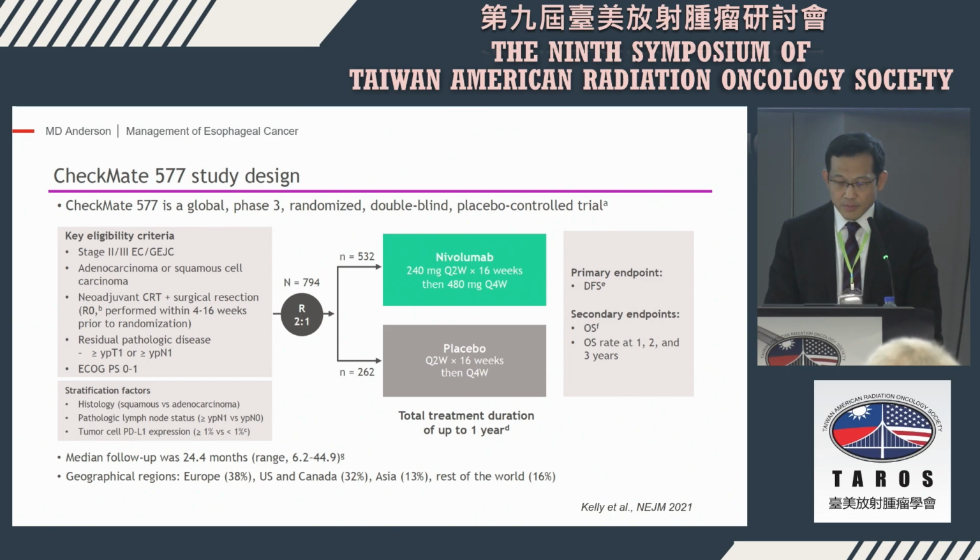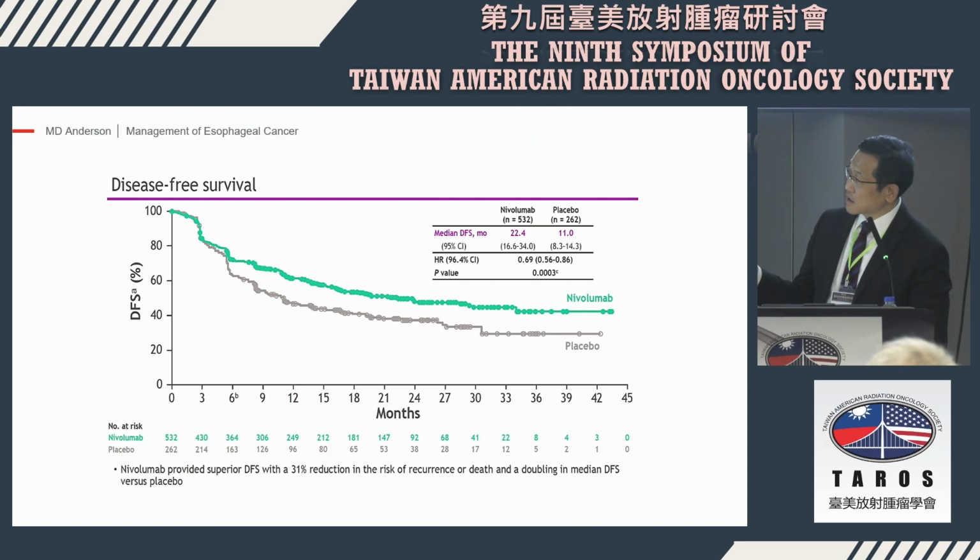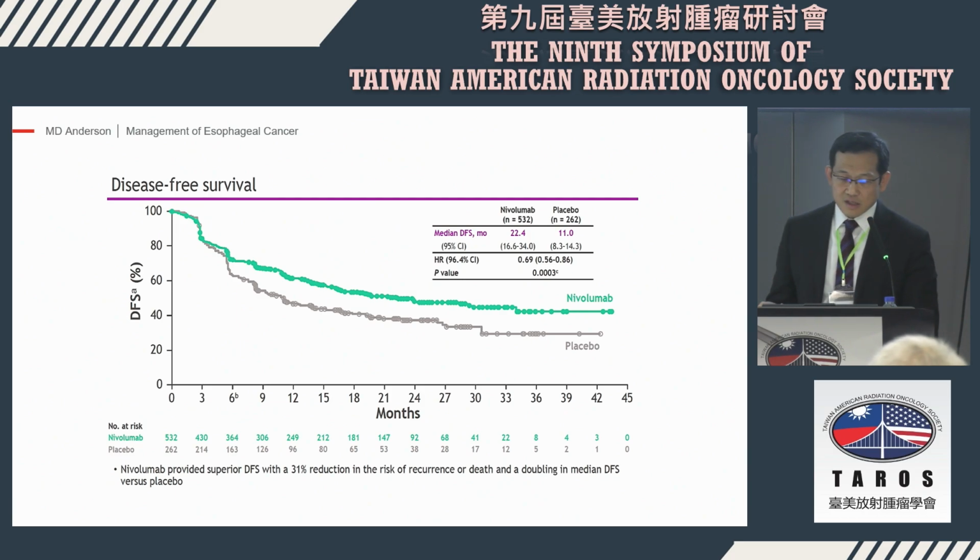Disease-free survival was the primary endpoint. This is a positive trial showing a significant disease-free survival benefit from incorporating adjuvant nivolumab compared to placebo. It suggests that if you improve systemic response, you potentially improve overall survival for these patients. And this was not incorporated into the control arm of ESOPEC.